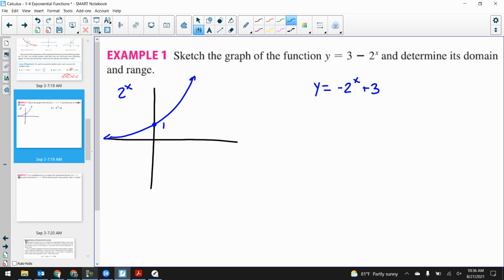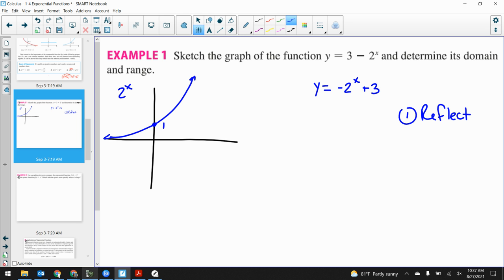Well, here's what I say to you. If you were to plug in a number, what would happen first? Would the reflection happen first, or would the up 3 happen first? The reflection would happen first. So that's what we would do first. We would reflect. And is that reflect over the x-axis or over the y-axis? If it's a negative down below, that means it's a vertical reflection.